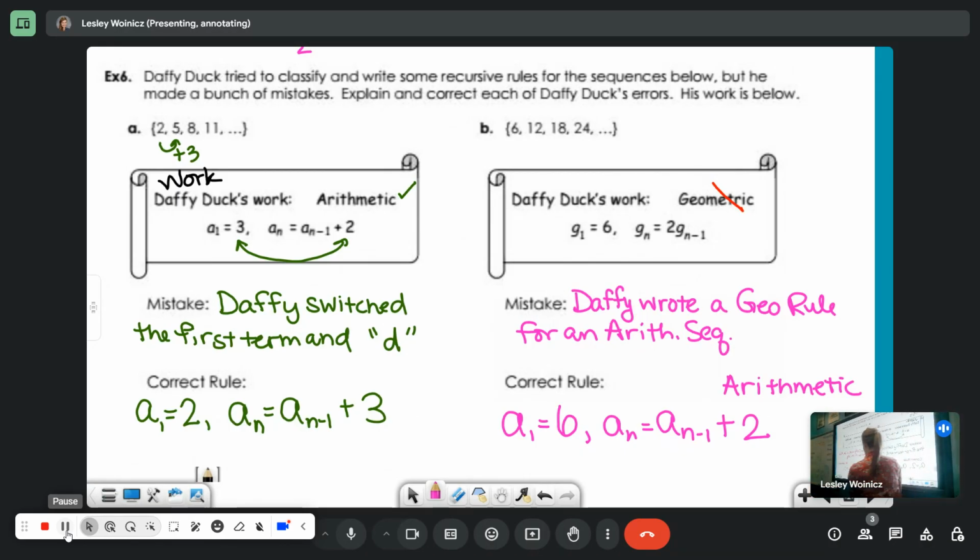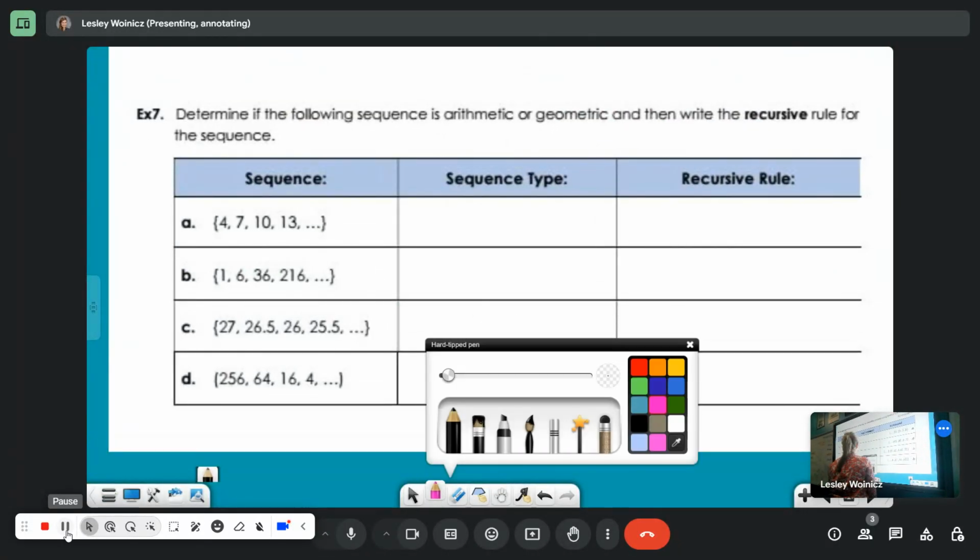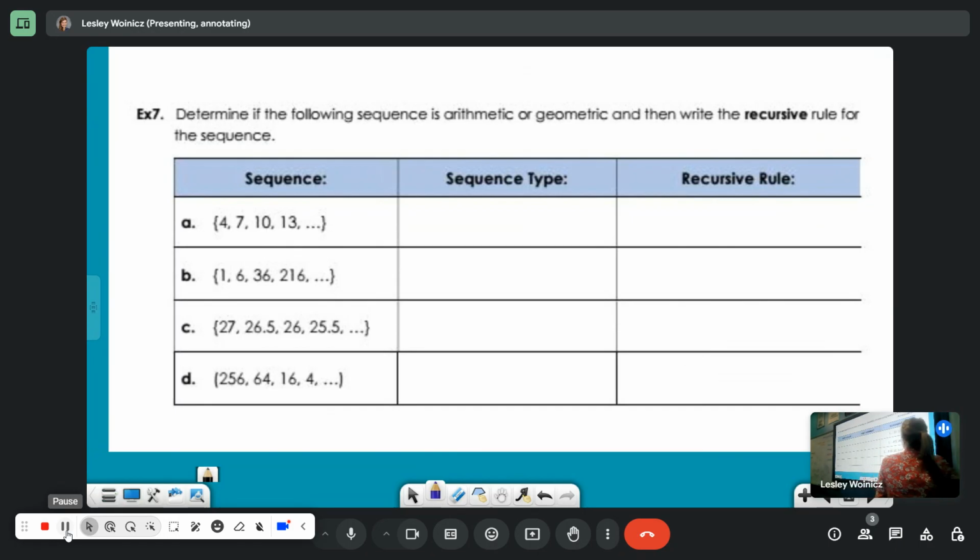So, let's see if we can do the ones at the bottom real quick. For A, what sequence type do we have? Arithmetic. I'm hearing that we're adding 3 every time. So the 3 is the d. And what is a sub 1?